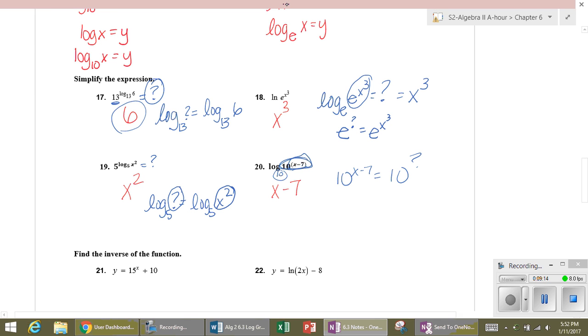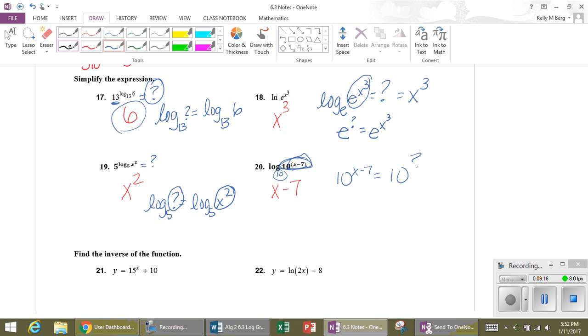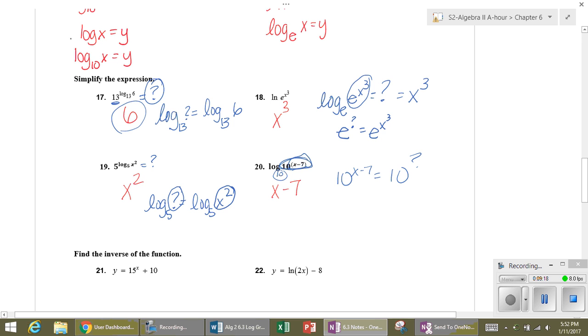Now there is a shortcut which you need to understand, and that shortcut is this. When you have a base, let's say star, raised to the power of log base star, and let's pick a number, 5, this star and this log base star are inverses of each other, so they will always cancel out and leave you with just whatever you have.